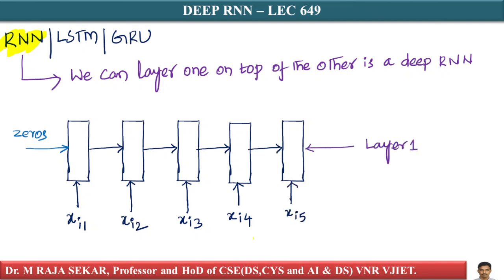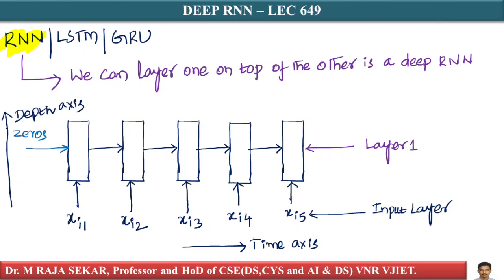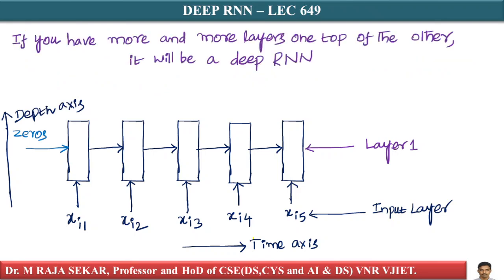Let me say this is layer 1 and this is input layer, this is time axis. This is depth axis. If you have more and more layers one on top of the other, it will be a deep RNN.